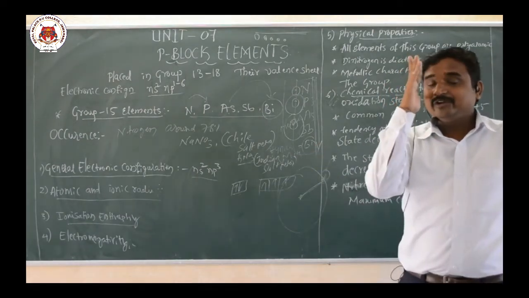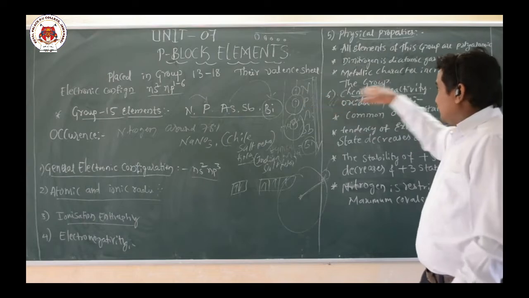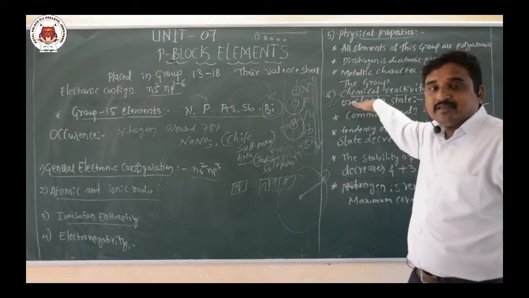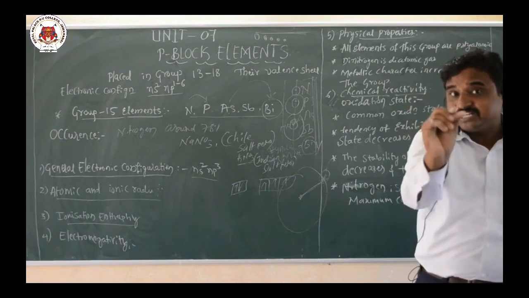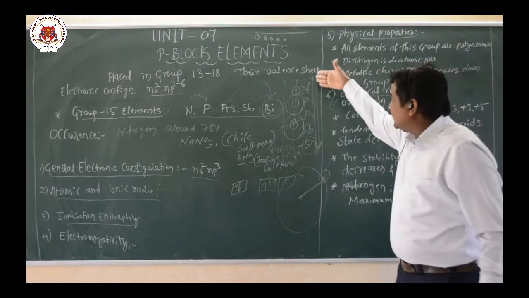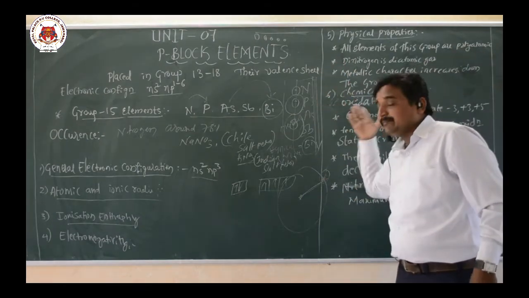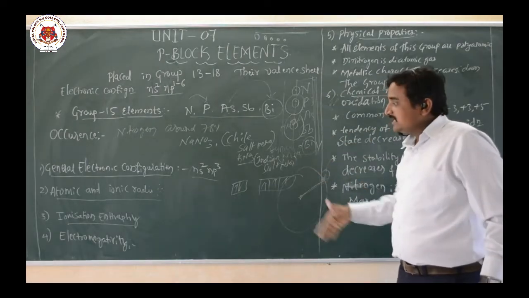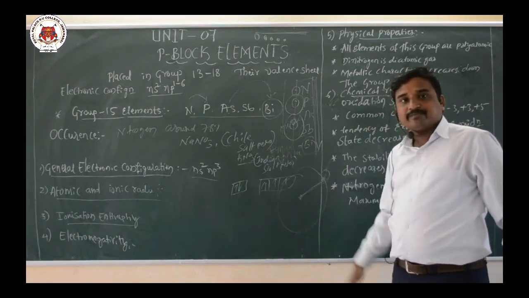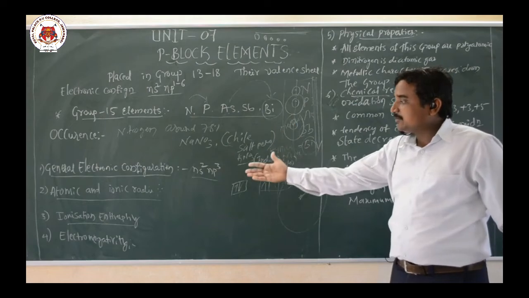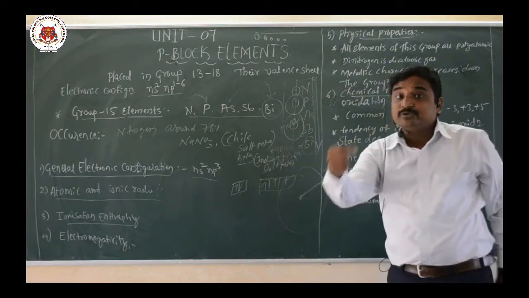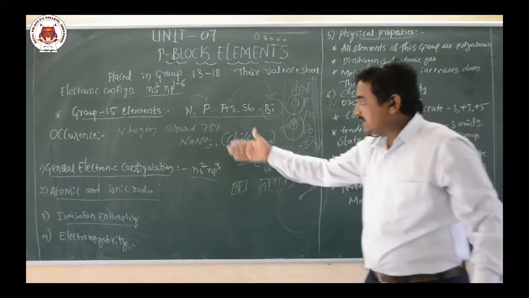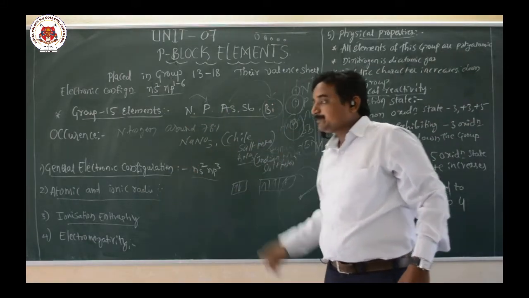So we know that along the period, the electronegativity increases because size decreases. But down the group, size increases and the electronegativity decreases. So this is the concept of electronegativity. Down the group the size of the atom increases due to the addition of an extra subshell, so the electronegativity decreases.